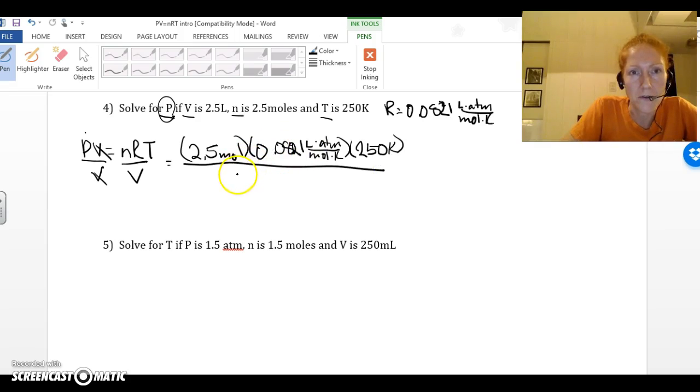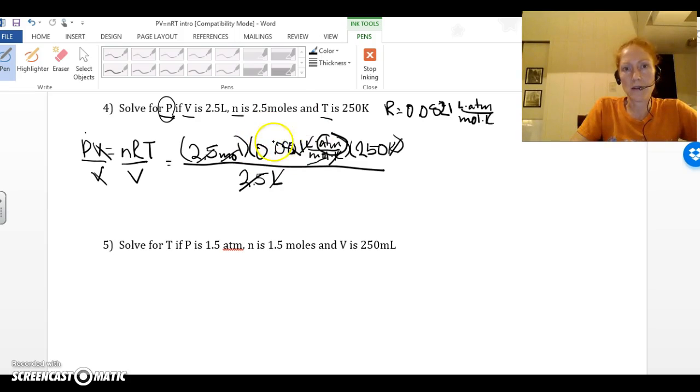And the volume was 2.5 liters. Okay, so now we can say, 2.5 divided by 2.5, that's gone. Moles divided by moles is gone. Liters divided by liters is gone. Kelvin times 1 over Kelvin, Kelvin's gone. So we're left with atmospheres. That's a really good unit for P. And we have to just multiply the gas constant times 250.